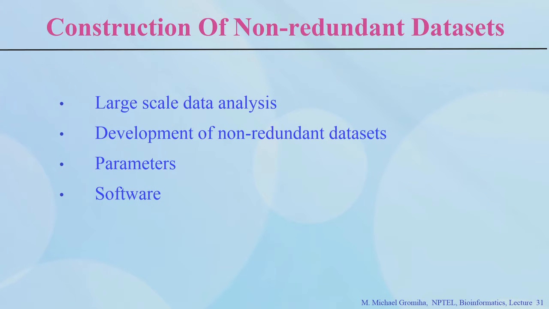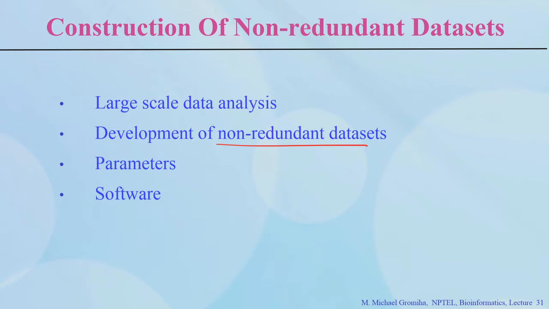When you derive any parameters for any analysis, if you deal with large scale data, it is very important to derive datasets. In this case we have to make a non-redundant dataset. What is a non-redundant dataset? One with less redundancy, because if you add the same sequence several times, this introduces a bias.